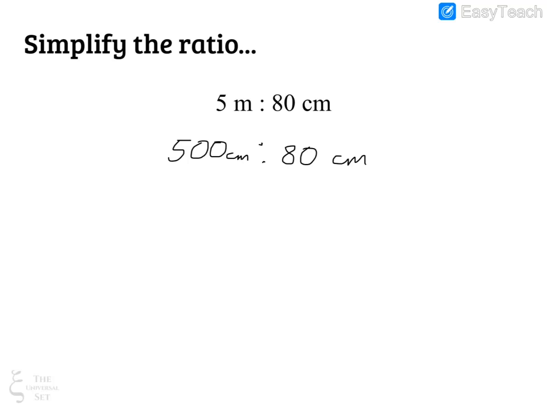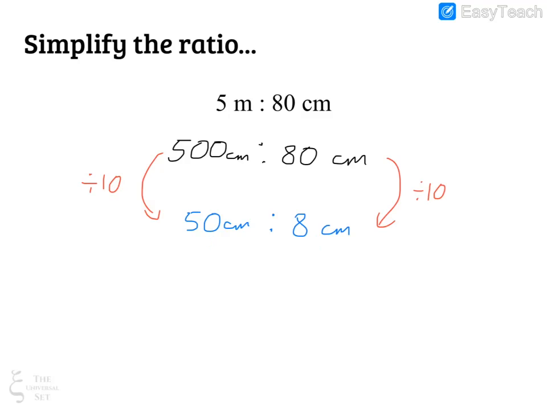So we've got the ratio 500 centimeters to 80 centimeters, and again straight away I can spot that these are in the 10 times table, aren't they? So let's divide by 10 on this side, and divide by 10 on this side. And we've got the new ratio, 50 centimeters to 8 centimeters. And now I don't think we're done here, because there is still a common factor, isn't there?